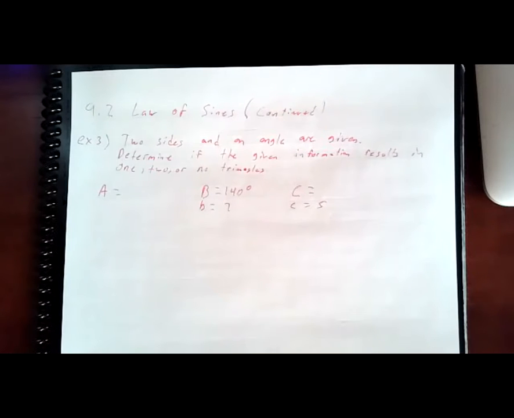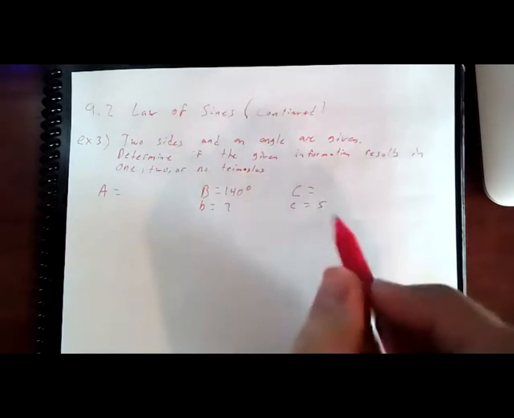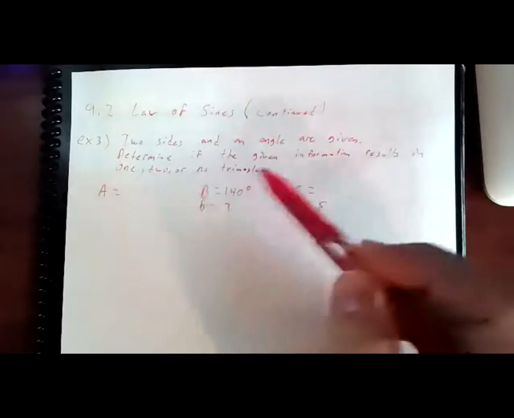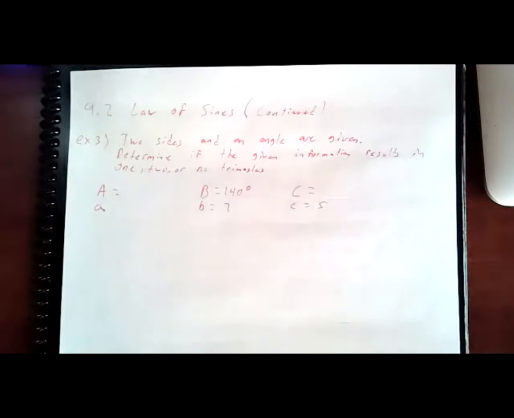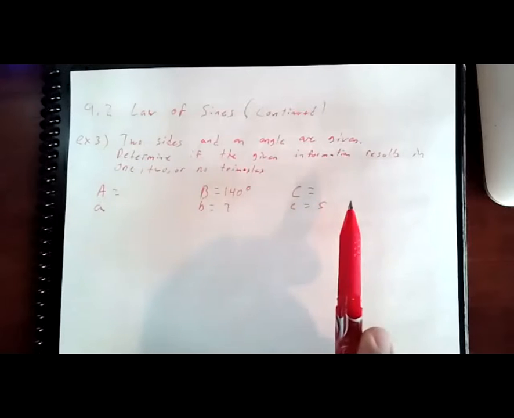So we can use the law of sines to find A or C, but you're going to have two different A's and two different C's, possibly. So then we have to determine, if I use the alternate C, does it still form a triangle? One way to check is once you have all three, you add them all up and see if it's too big.